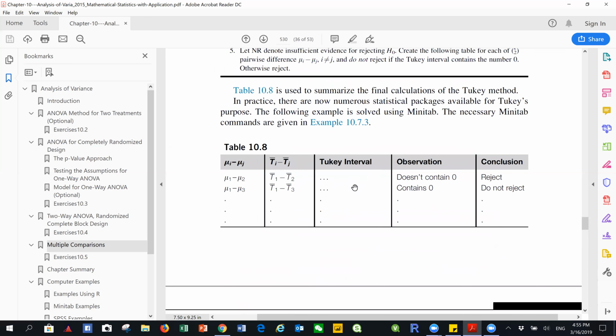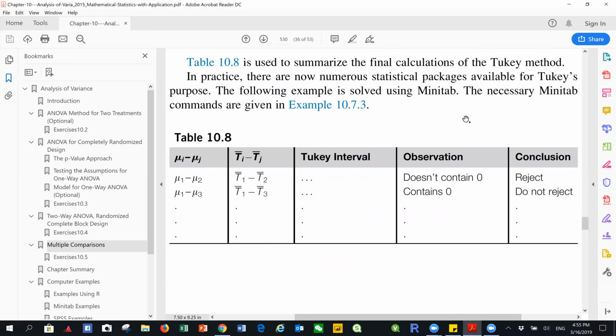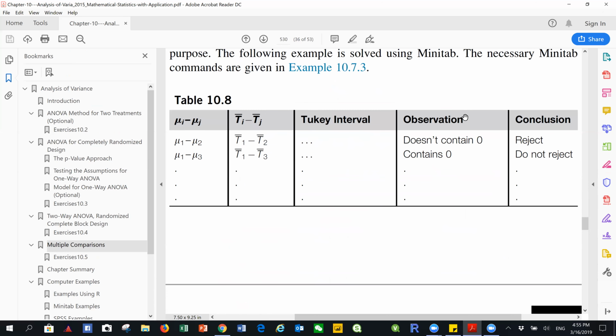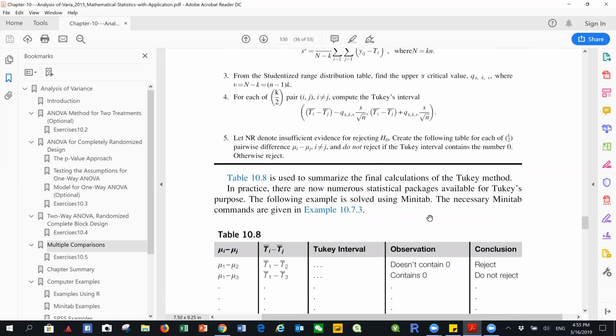This is the rationale: you create many intervals, in other words you use confidence intervals to do hypothesis testing.